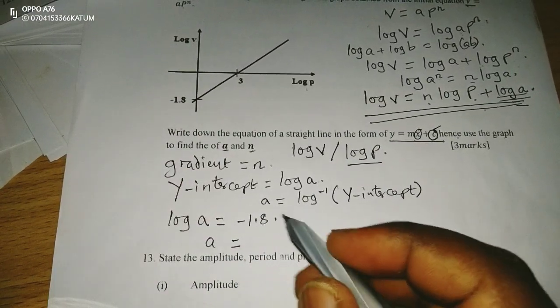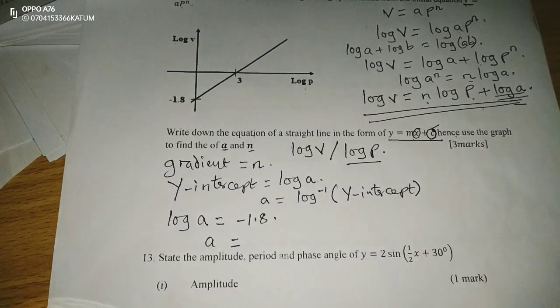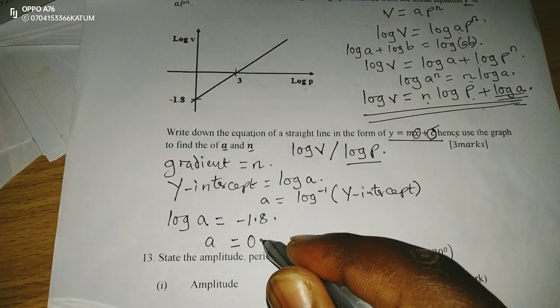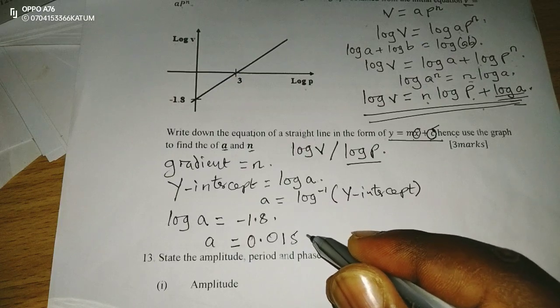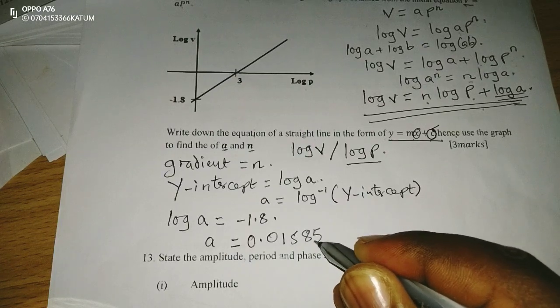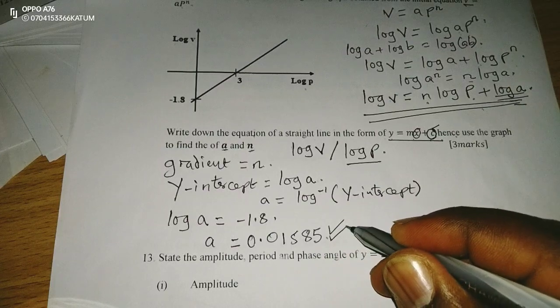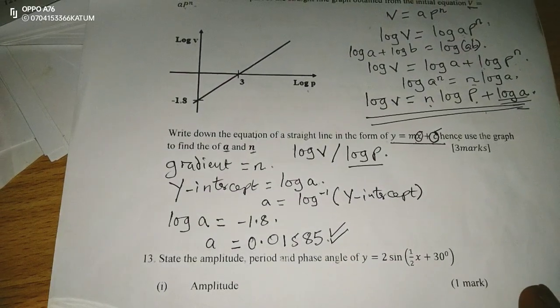We use our calculator to type shift log of negative 1.8. This gives us 0.01585. That is the value of a.